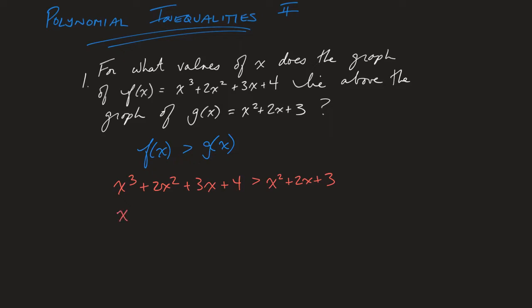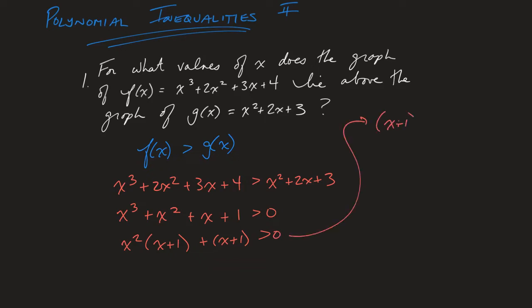And now we see that we have 4 terms. I could factor by grouping. I could now pull out my common factor.